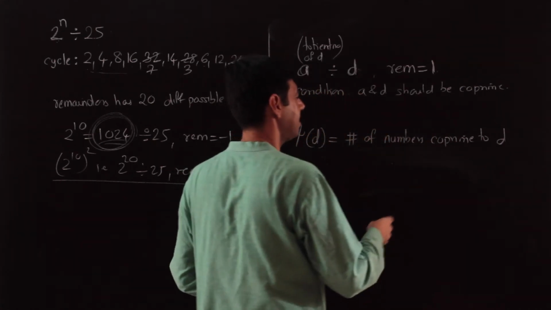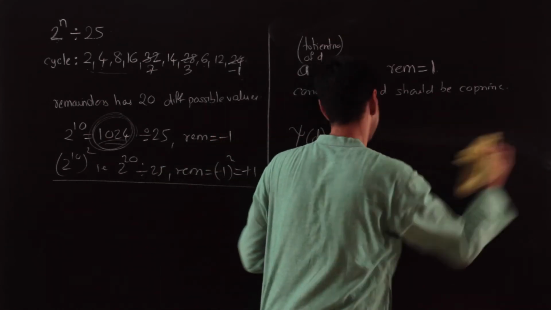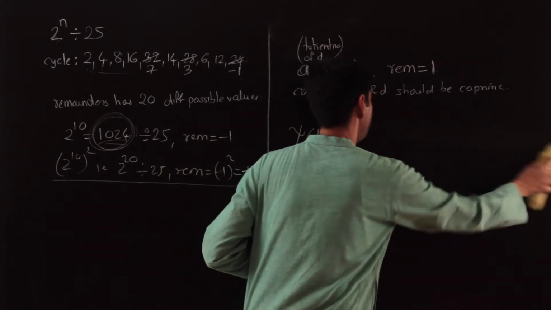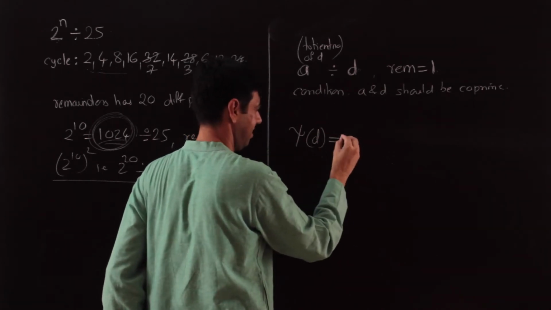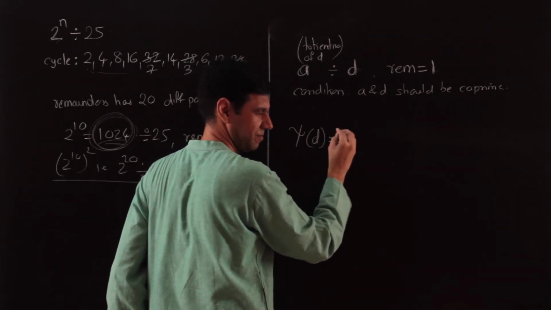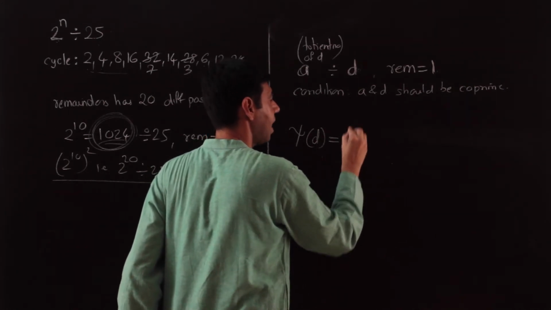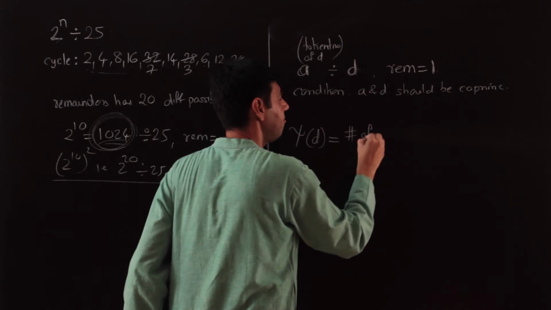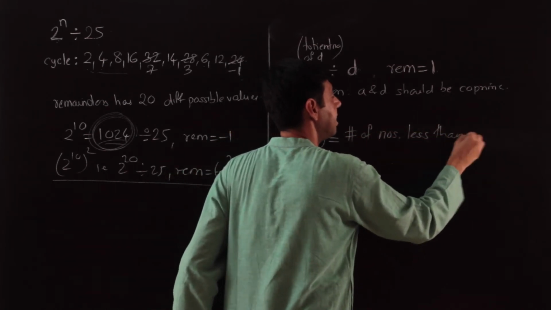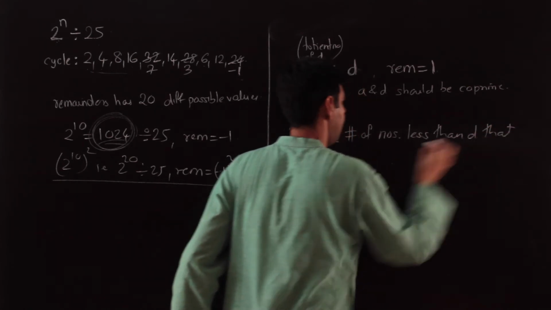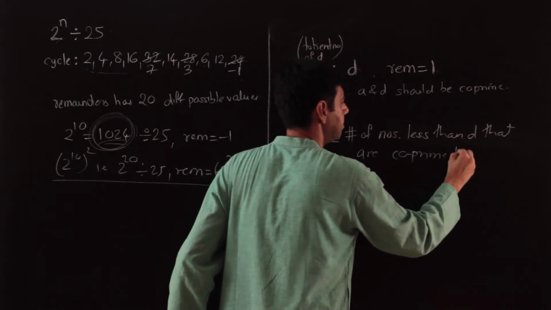Okay, let me rewrite it. It's just that how do I make it suitable for students? And anyway, I'm not even interested in doing this. So since I started, this is the number of numbers less than d that are co-prime to d.